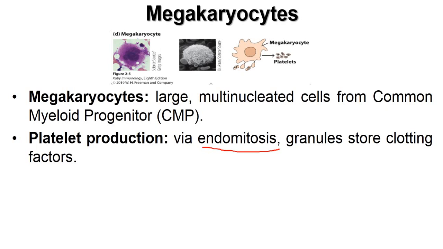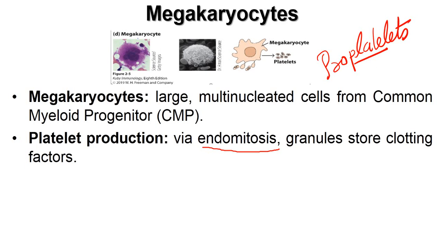These platelet precursors are called as proplatelets. I'll write down. The platelet precursors are called as proplatelets. These are platelet precursors by the process endomitosis.